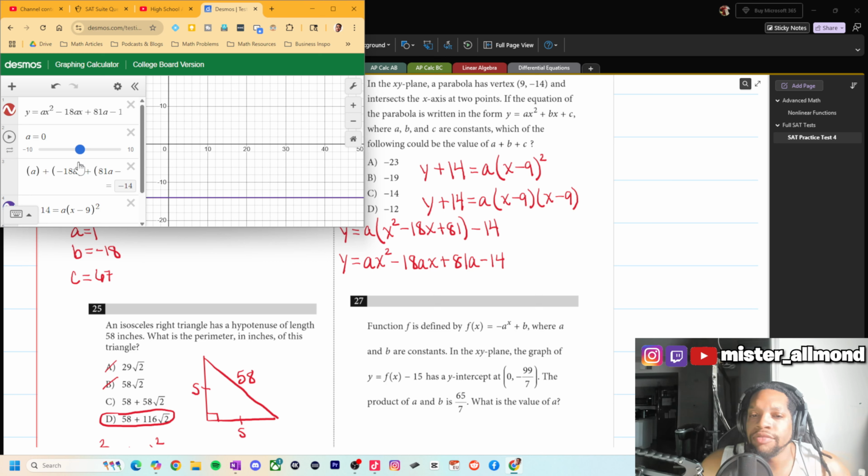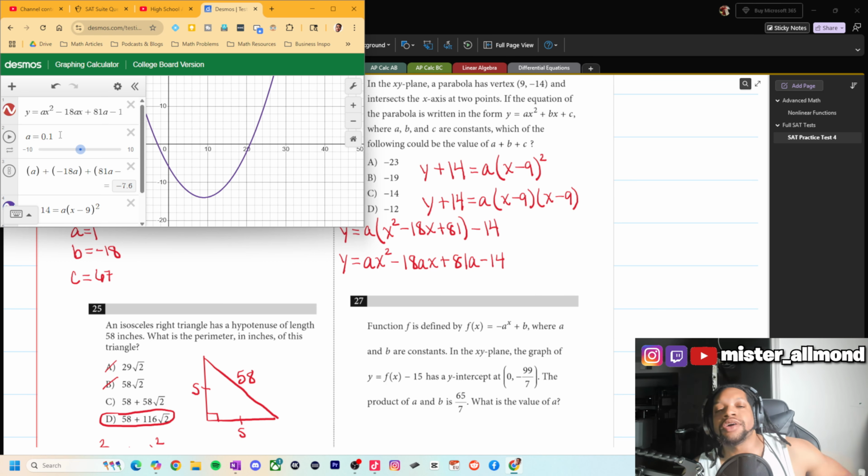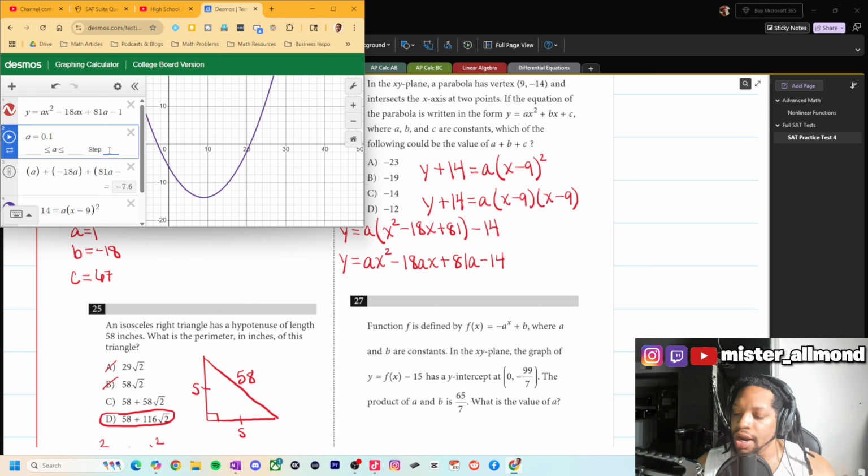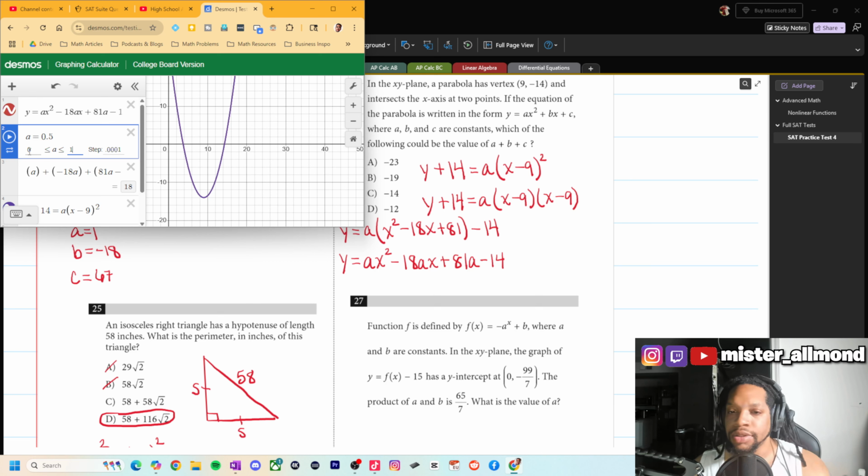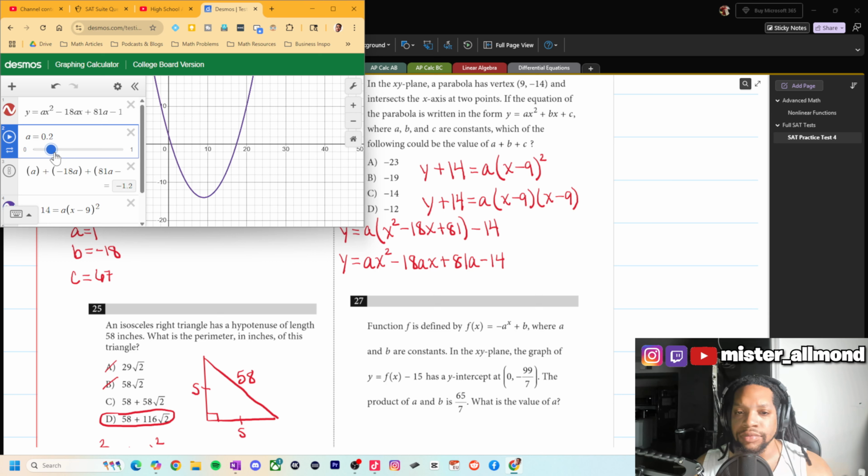And the only value when it's negative is if you get values that are really, really, really small, which I highly doubt they would do it like that. Let me do like 0 to 1. I don't even know if you can step that much on here. Negative. Can I even hit? I don't even think I can hit.